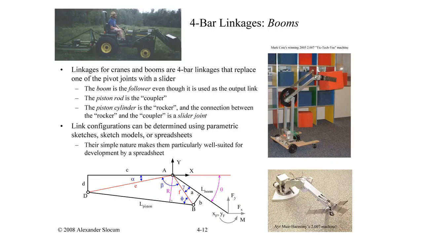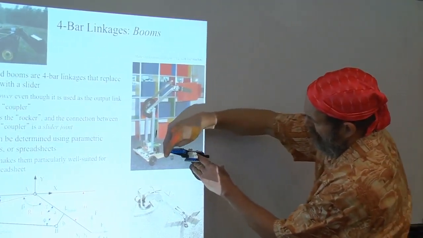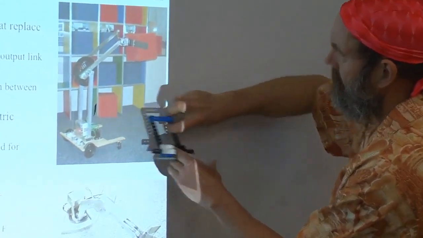Now, let's look at a very specific type of 4-bar linkages for booms. And you'll see booms happen a lot in cranes, lifting mechanisms, tractor linkages. You often encounter them where a load is out here and you want to pick things up. Okay?